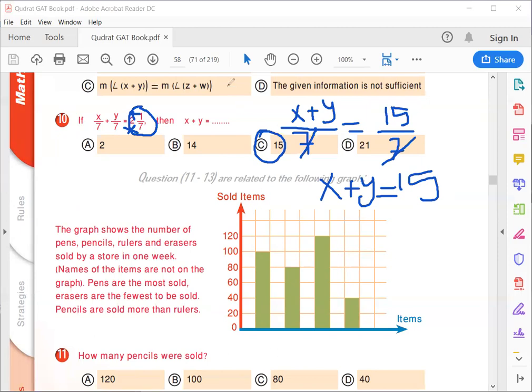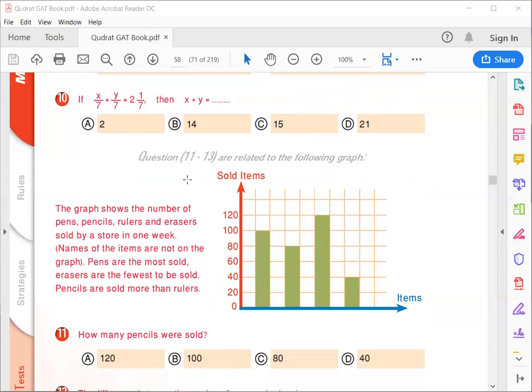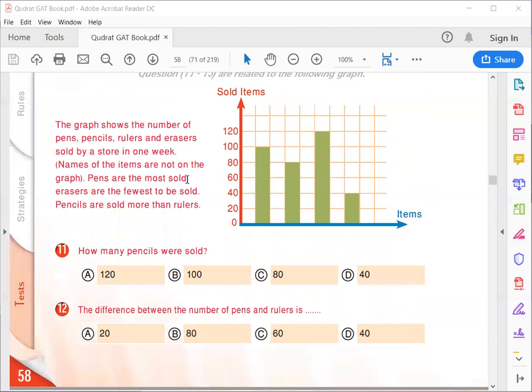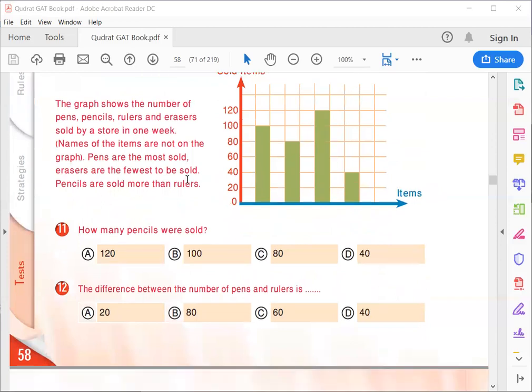Right, good. I am happy when you understand how to solve the problems. Now I have a graph here. The graph shows the number of pens, pencils, rulers, and erasers sold by a store in 1 week.